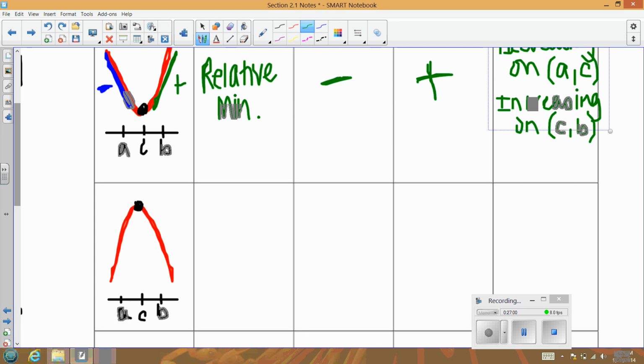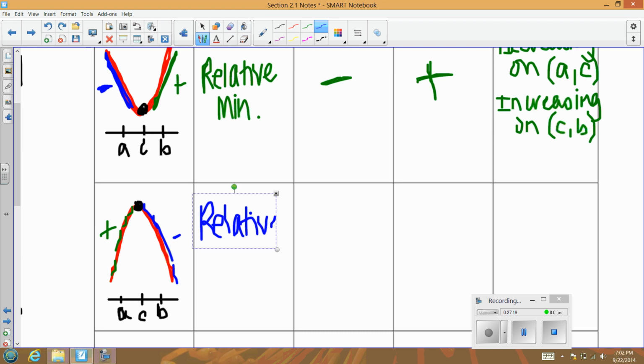Let's look at the next scenario. From a to c, all of my tangent lines would have a positive slope. From c to b, all of my tangent lines would have a negative slope, meaning the derivatives would be negative. So in this case, I have a relative maximum. For all derivatives on the interval a to c, you're always going to get a positive value.